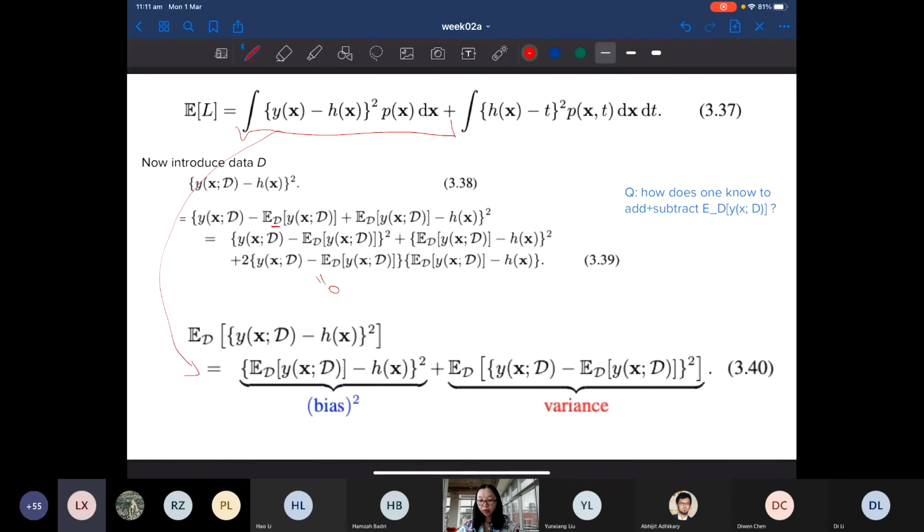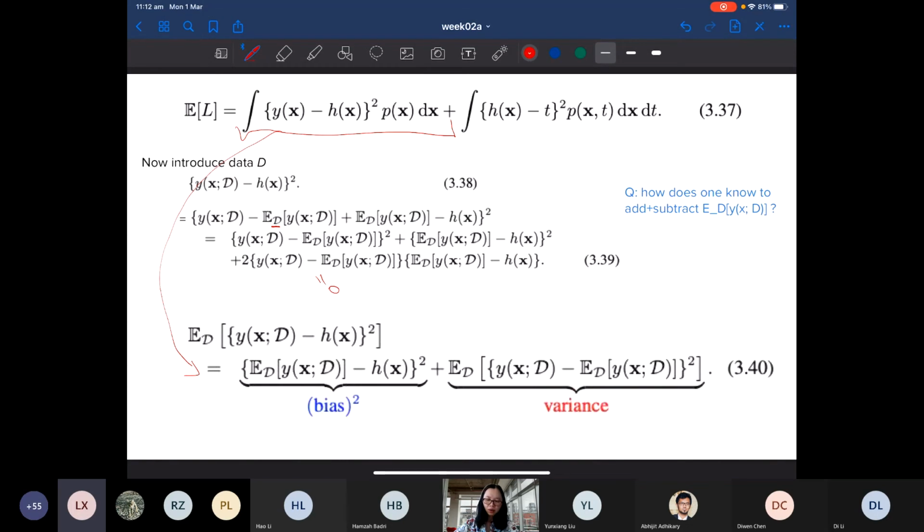The first term here is the expectation over different data subsets between the mean of different estimates over different subsets and h of x. So h of x is the true estimate. So we call this the bias term.